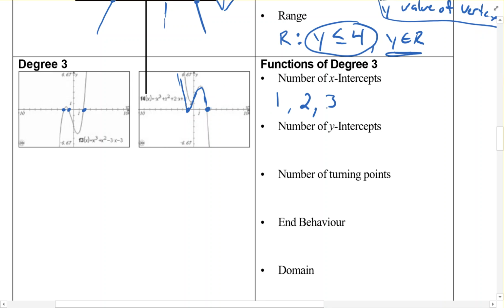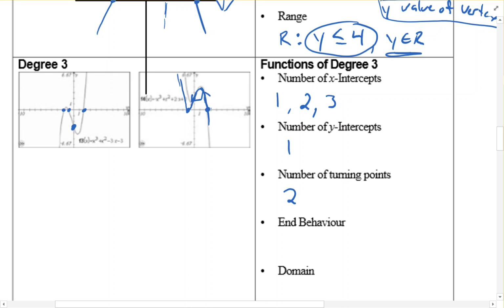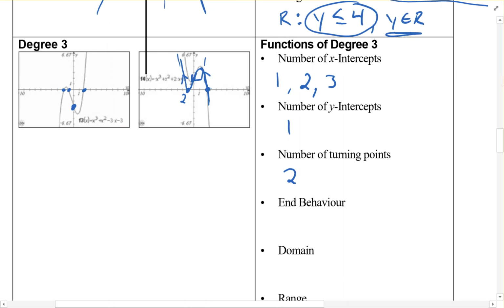So number of y-intercepts. Again, there's only one way that can happen. There's only ever going to be one y-intercept, right? It can't do more than that. Okay, number of turning points, 2. There's going to be 2 times that it turns. In this one it's going that way, and then it turns, and it's going that way, and then it turns, and then it goes that way, and that happens twice, right? 1, 2 times. End behavior, it's always going to go diagonal, right?